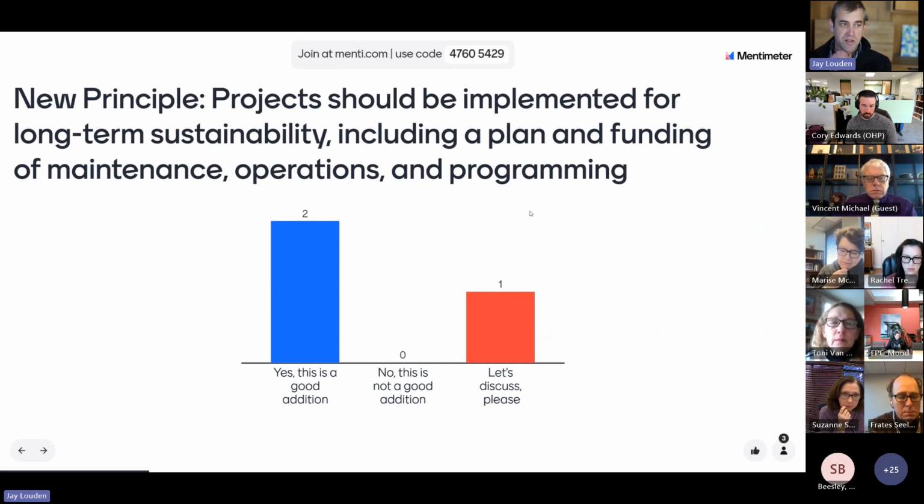So this principle is: projects should be implemented for long-term sustainability of the project itself, including a plan and funding of maintenance, operations, and programming. So the question is whether it's a good addition, a bad addition, or something we need to talk about a little bit.